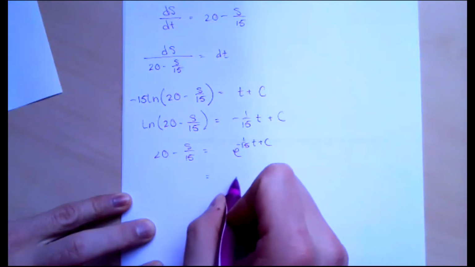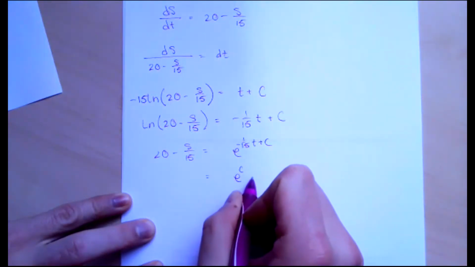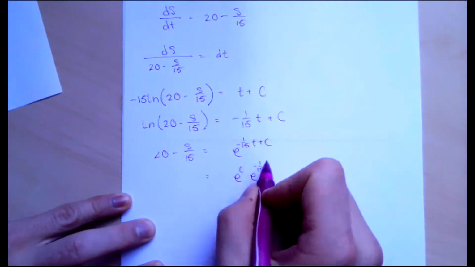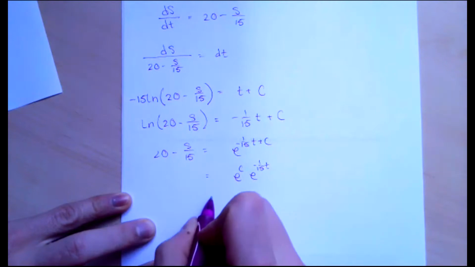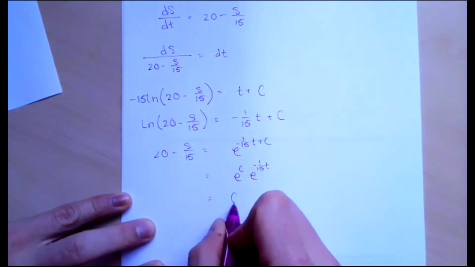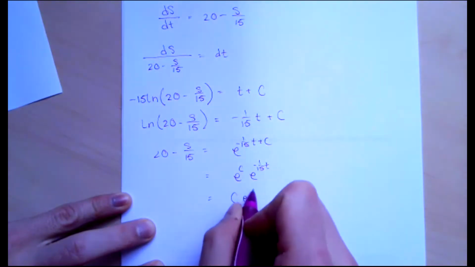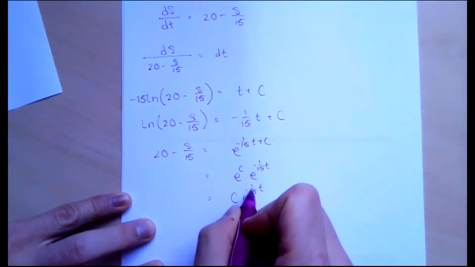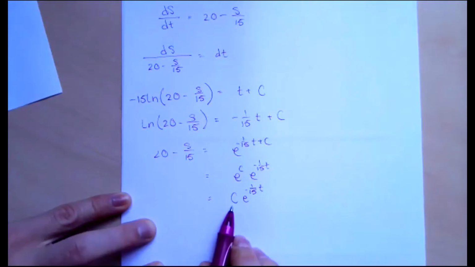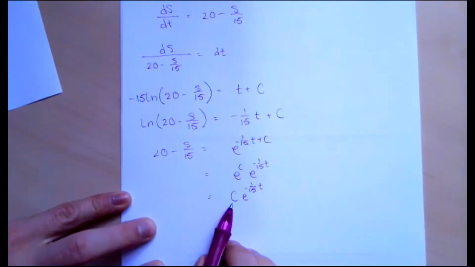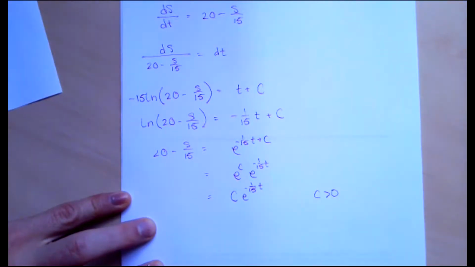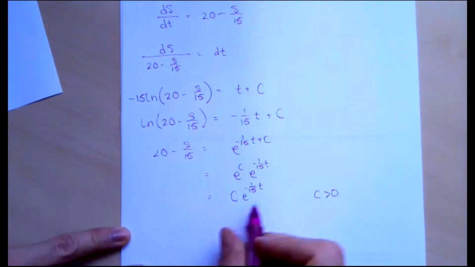And again, how do we manipulate this? It's e to the c times e to the negative 1/15 t, where e to the c is again just a constant. So we kind of abuse this same letter. Remember, since e to the c is positive, we understand that our c is specifically greater than 0 at this step.